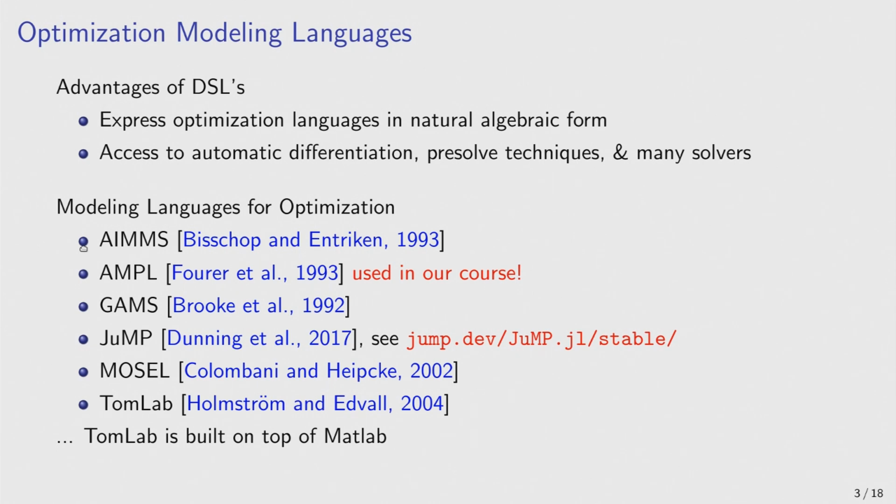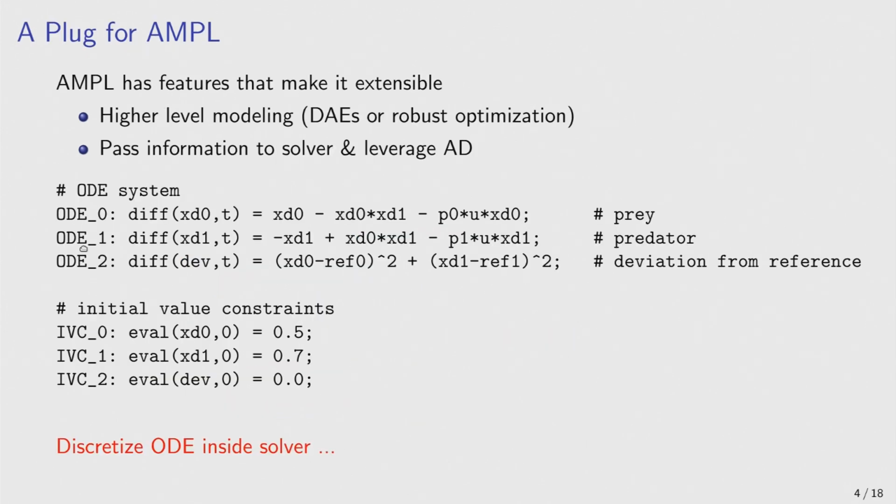It was developed by David Gay and Bob Fourer, and it was one of the first tools that was written in C. So they worked with somebody called Brian Kernighan, who developed C at AT&T Labs. JuMP is a newer one that's a really nice language that's integrated with Julia. And there's the modeling languages Mosel and TomLab, which is built on top of MATLAB. So there's tools there that are very useful. But we'll concentrate here on AMPL.